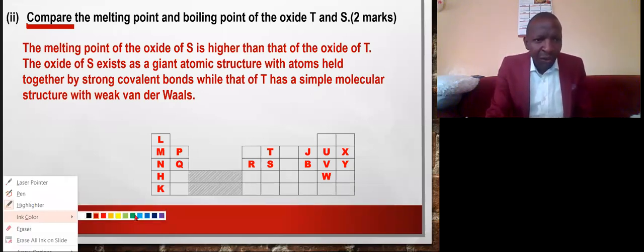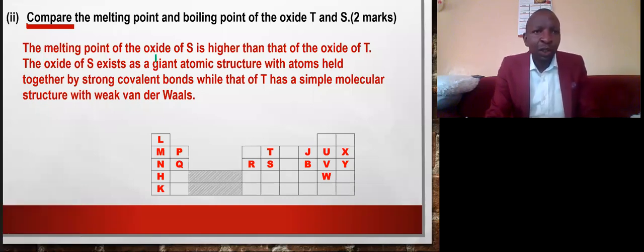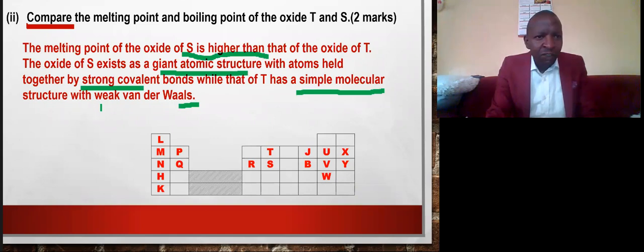Today, for you to score the marks, first of all you have to give the statement of comparison that this one is higher than the oxide of T. Reason: the oxide of S has a giant covalent structure with a strong covalent bond, while the other one has a simple molecular structure with weak van der Waals forces.